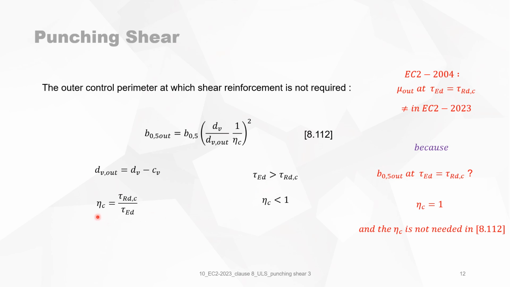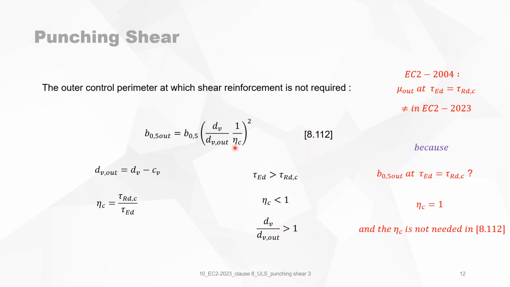That means that eta_c is smaller than 1. Eta_c cannot be bigger than 1, otherwise this is not right. Because eta_c is always smaller than 1, that's okay. Then dv over dv,out, we have seen that dv,out is 0.9 dv, so this is always bigger than 1. That means that if this is smaller than 1, this is bigger than 1 squared, then b0.5,out is bigger than b0.5, which is logical.